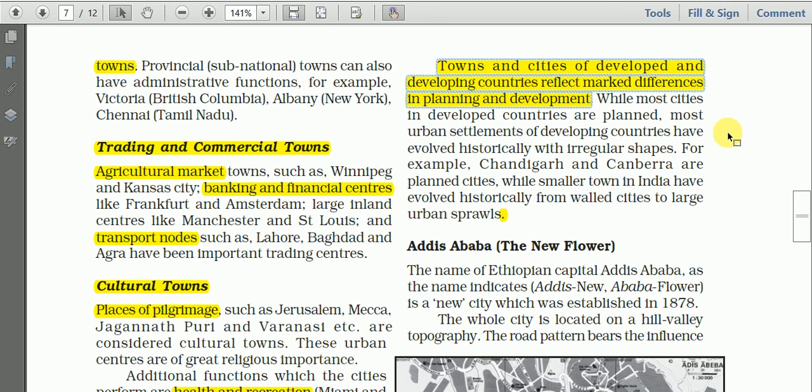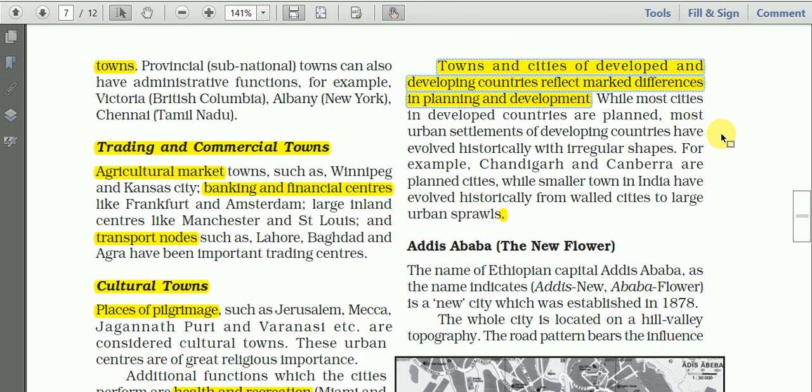Towns and cities of developed and developing countries reflect marked differences in planning and development.